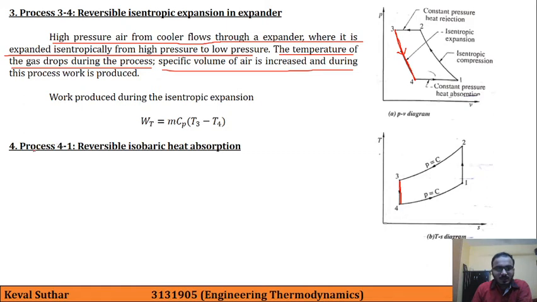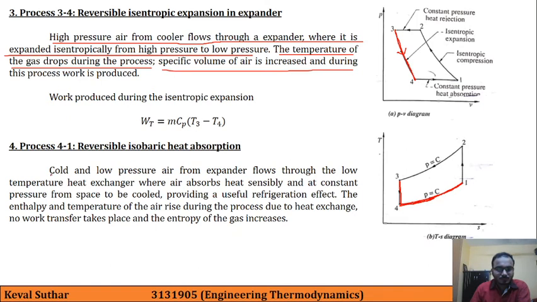And our last process is reversible isobaric heat absorption, that is process 4 to 1. Cold and low pressure air from the expander flows through the low temperature heat exchanger where it absorbs heat sensibly and at constant pressure from the space to be cooled.